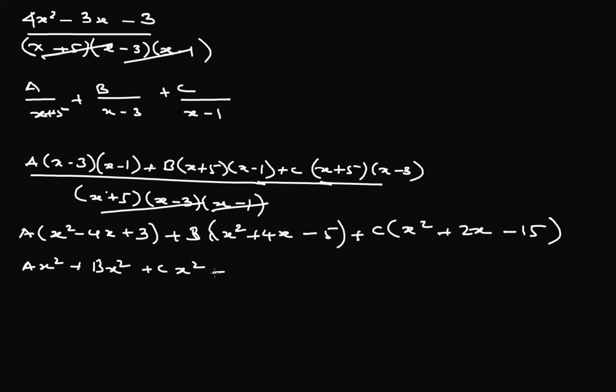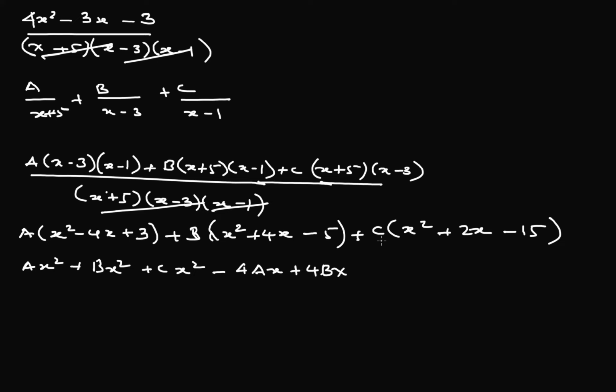Okay, so now let's also get the terms with x. So this is going to be A, and notice this is minus 4Ax. Okay, B will be 4Bx, but positive.